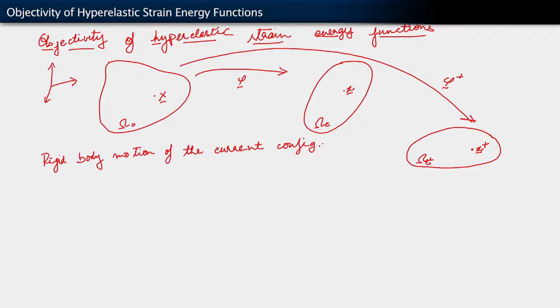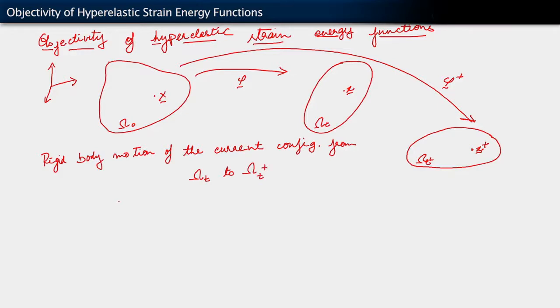So rigid body motion of the current configuration from omega sub t to omega sub t plus. Okay, so it's that last part of the motion that is rigid.